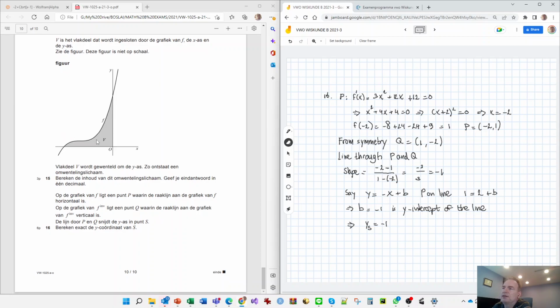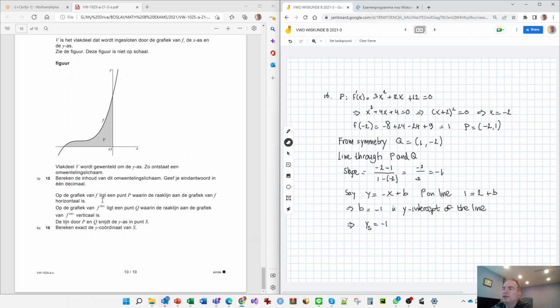Well, that makes sense. Just remember, the inverse is the reflection of this in the line y equals x. So in this area, it will actually go straight down. Then find the line through these, and this line intersects the y-axis in a point S, and calculate its y-coordinate.